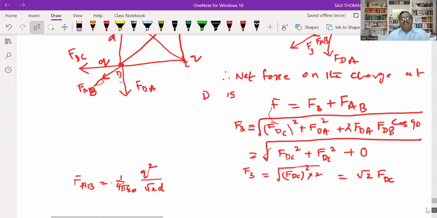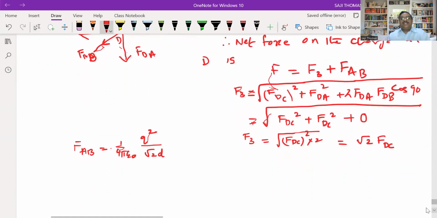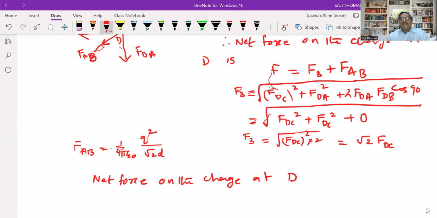Now you can find out the total force. What is the net force on the charge at D?